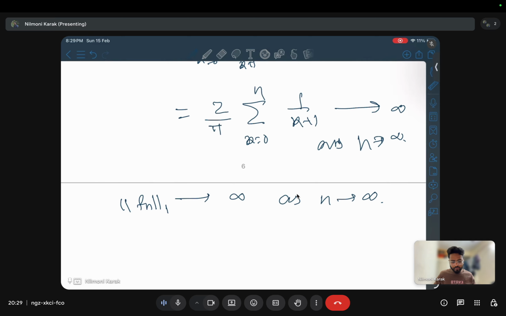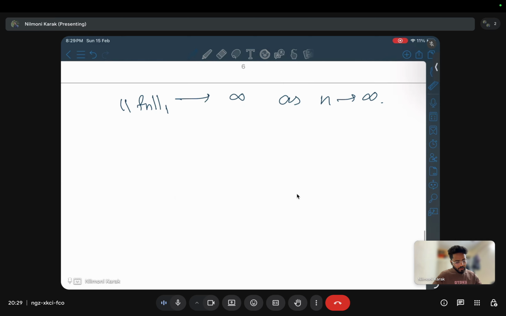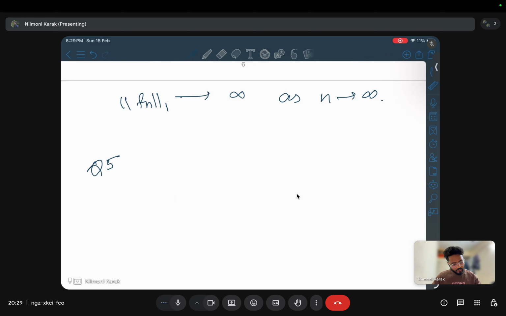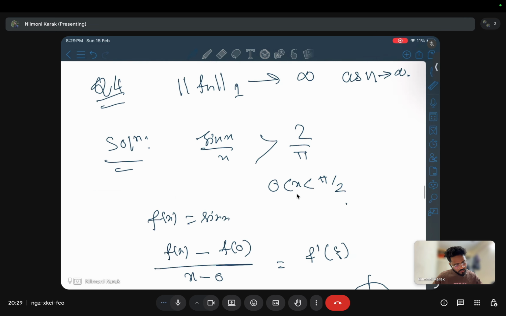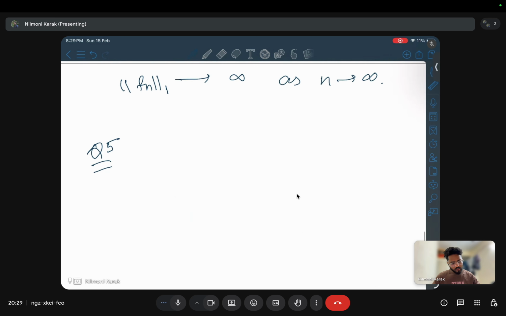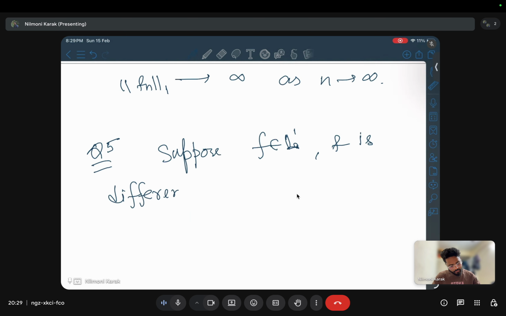And this is the final problem of today, question 5, right? Suppose f is in L1, and f is differentiable almost everywhere, and f dash is in L1.